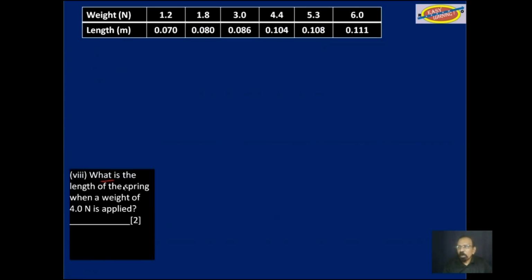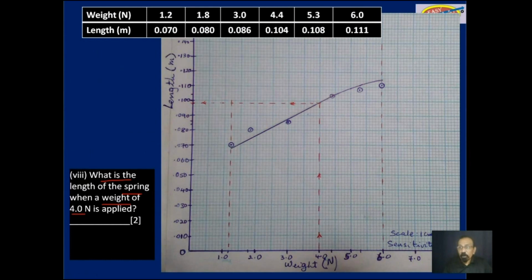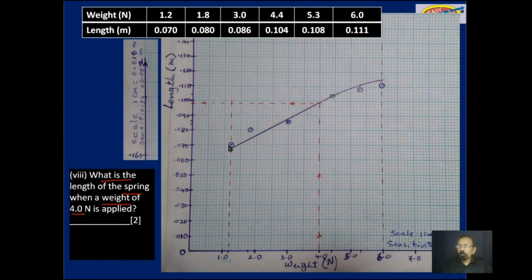Continuing, what is the length of the spring when the weight of 4.0 Newton is applied? So this is a graph that we have. So we know the sensitivity on this side is 0.002 meter.